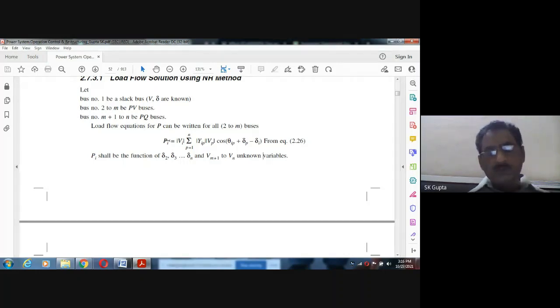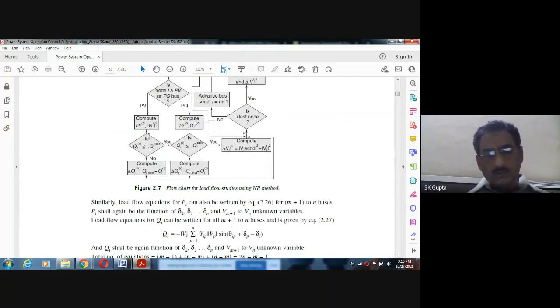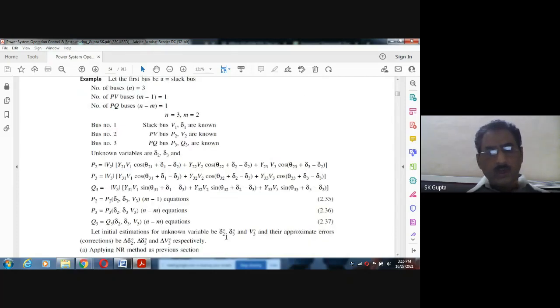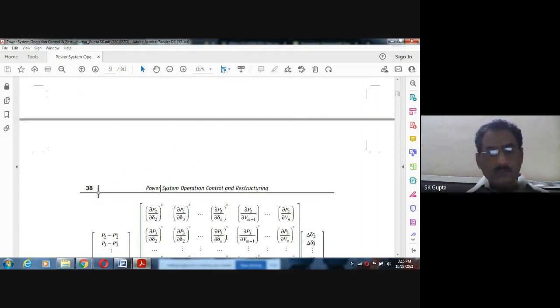For all buses, there is a P equation, for i from 2 to N. For M plus 1 to N, there are PQ buses, so there we can also write the equation for Q, where i can be from M plus 1 to N. And after writing these equations, we write them in this form.